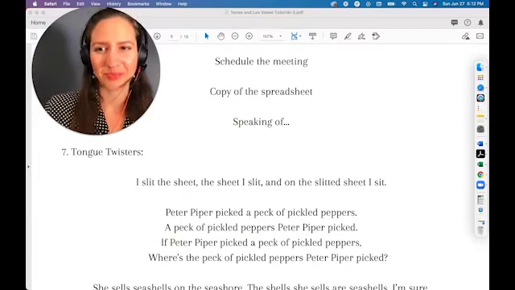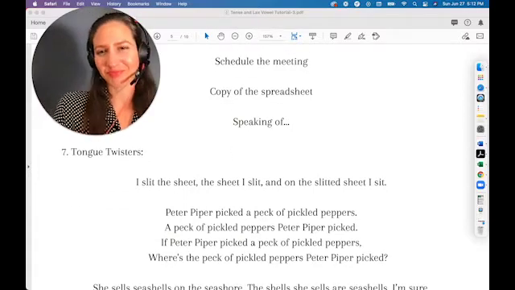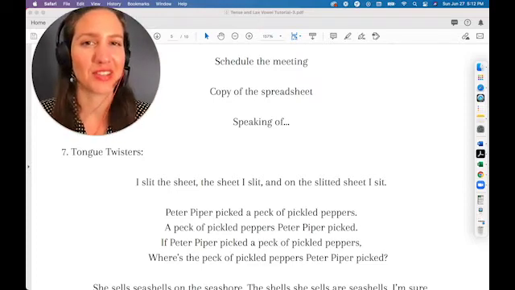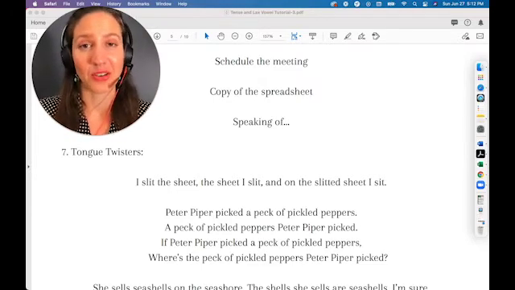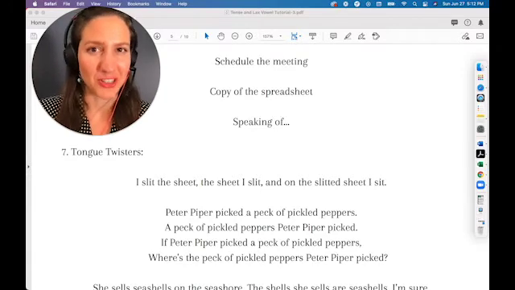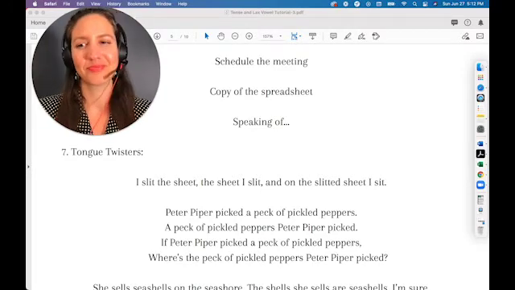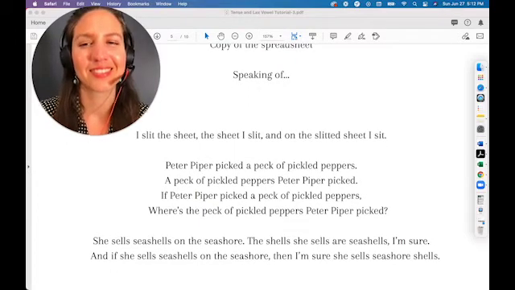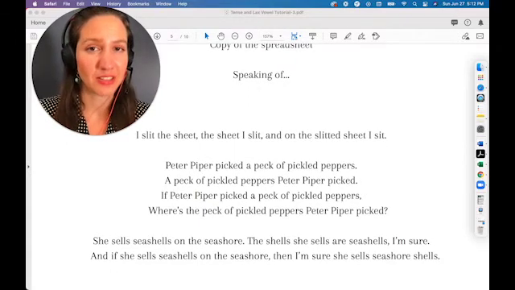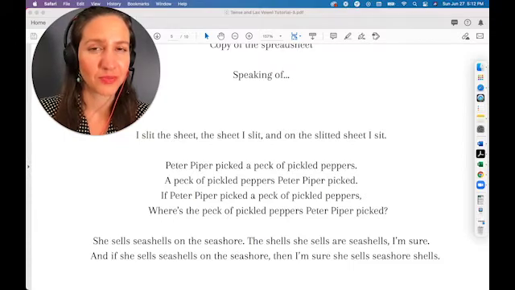Number 7. Tongue twisters. I'm going to say these once slowly and then for a second time a little faster. I slit the sheet. The sheet I slit.